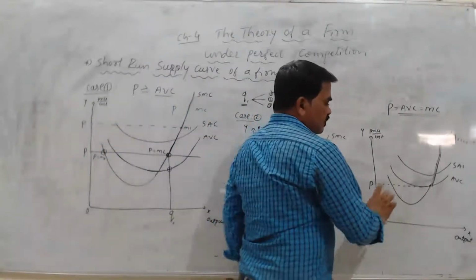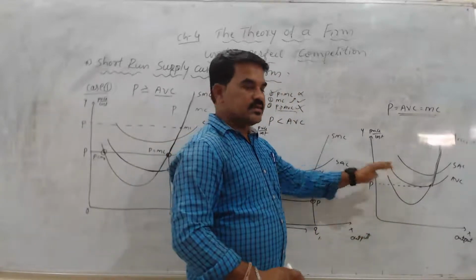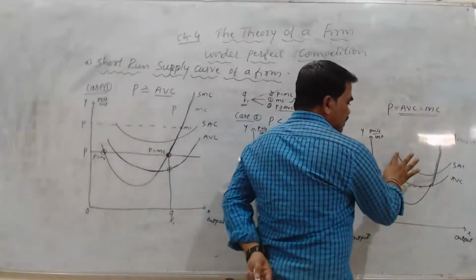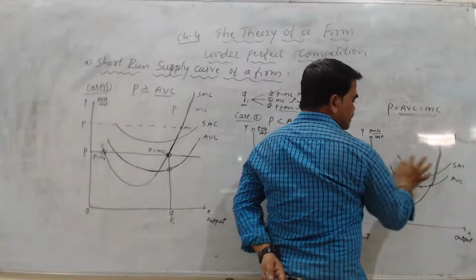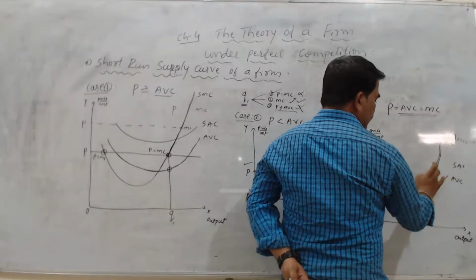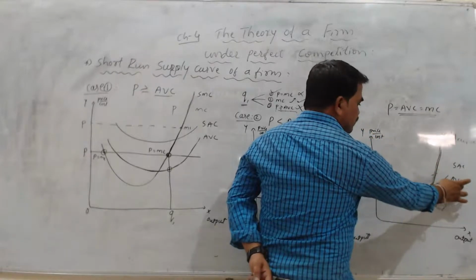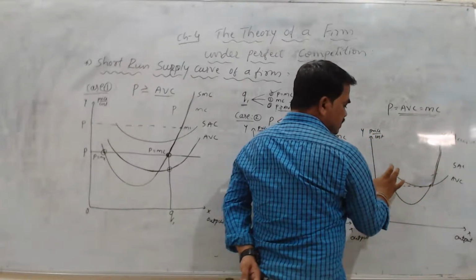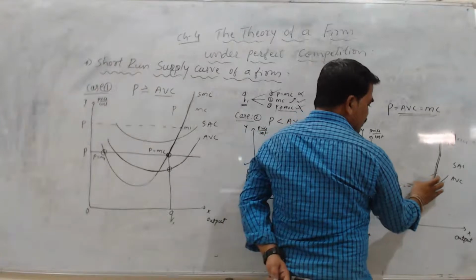I will erase all the other things. This is the short-term average cost, I will remove that. And this is the average variable cost curve, this also I will remove.